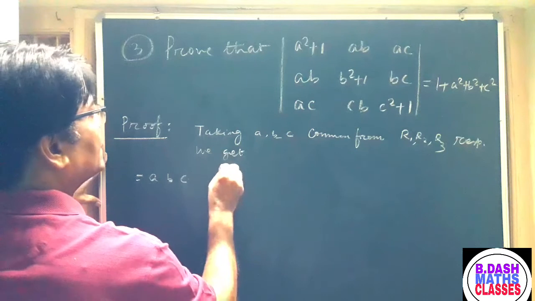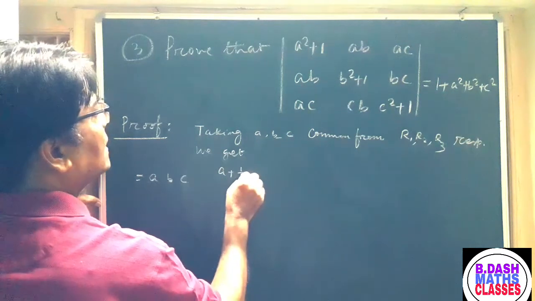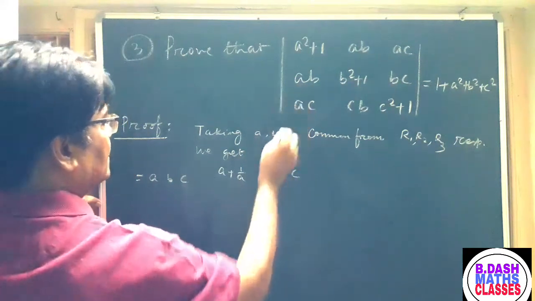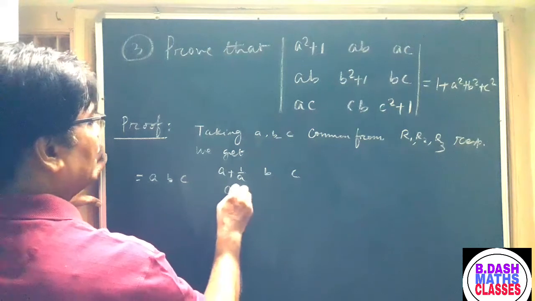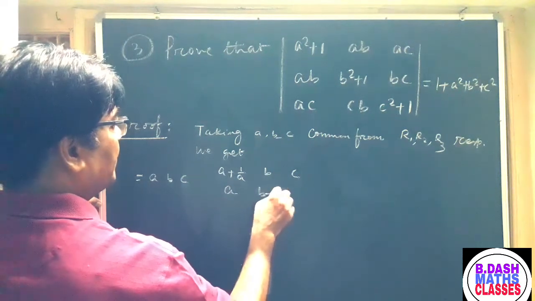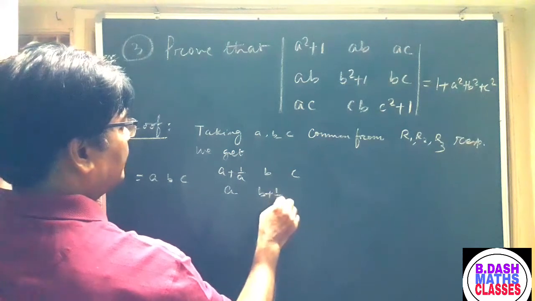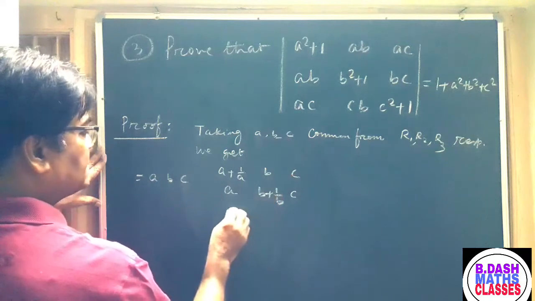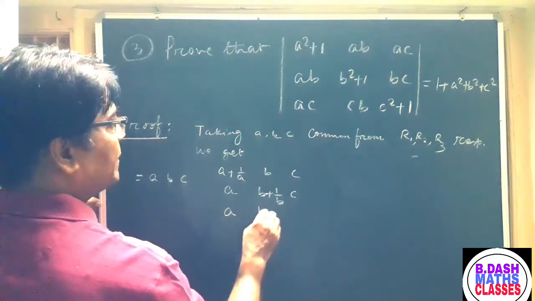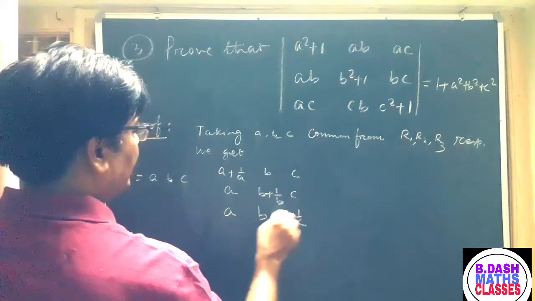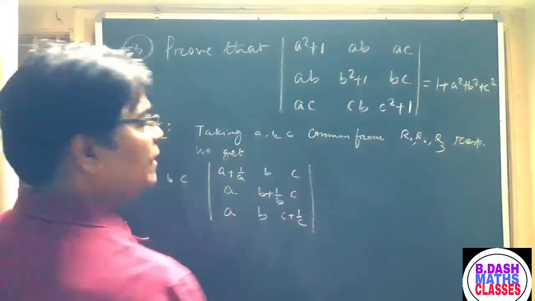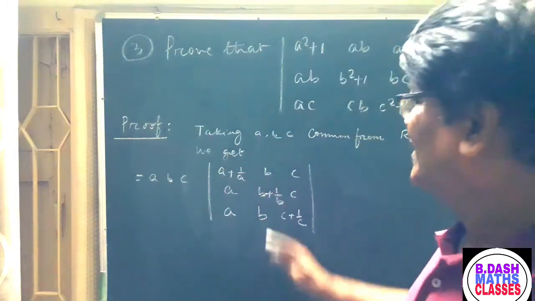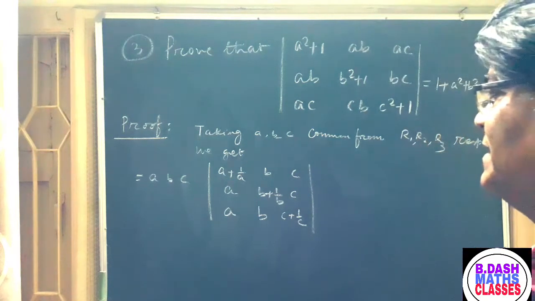If we take common here, it will be a, 1 by a, this will be b, this is c. Here we are taking b common, so a, this will be b plus 1 by b, this is c. And we have taken c common, so this is a, b, c plus 1 by c. If we take common a, b, c from first row, second row, third row, we'll get this determinant.